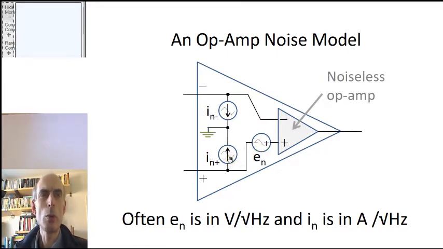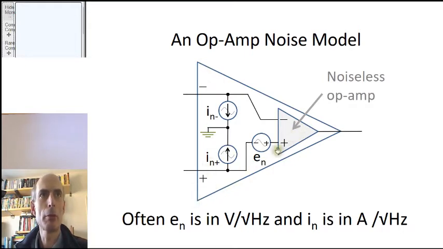They're called equivalent input noise sources, since they are equivalent to the entire noise contributed by all of those 30 plus noise contributions of the amplifier.